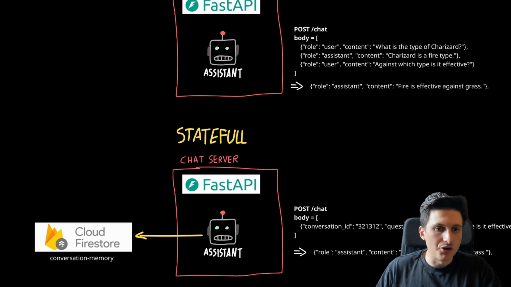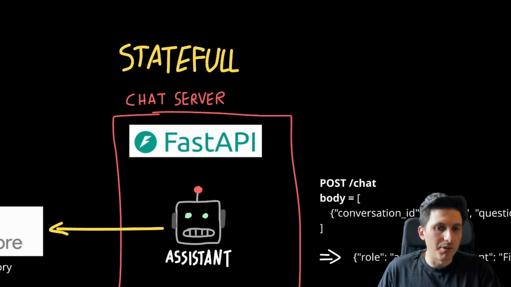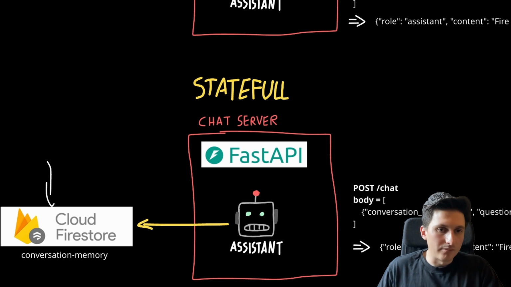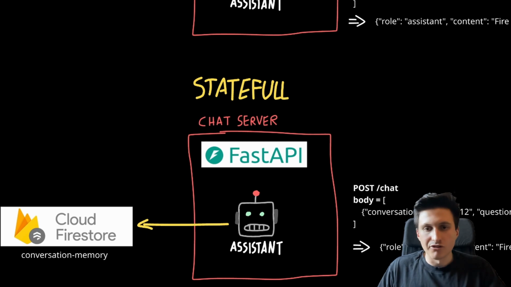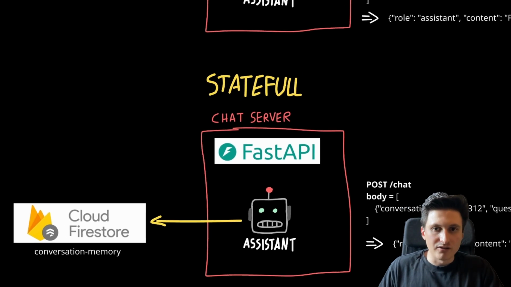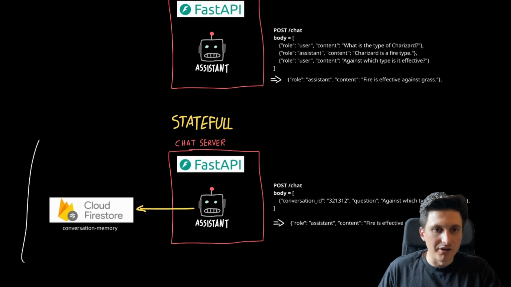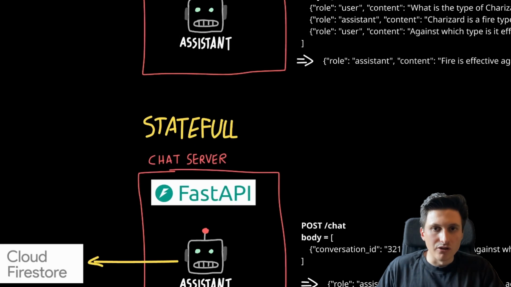But just note that in production you probably don't want your frontend to manage the entire conversation, and then the frontend should just pass some kind of ID. It's also useful to store all the conversations somewhere such that you can later do some analysis on it. So in production, this pattern is more often used.